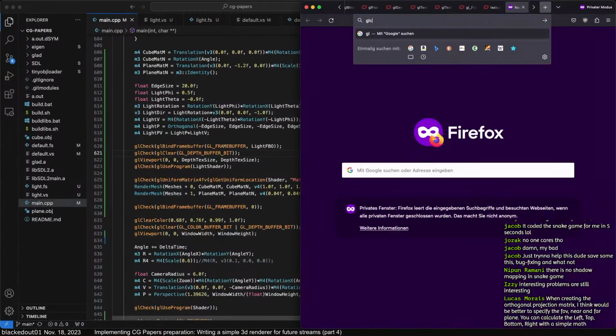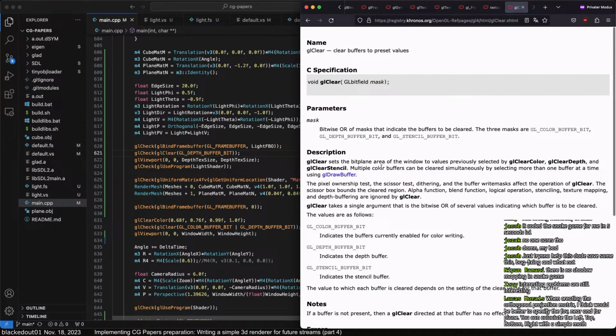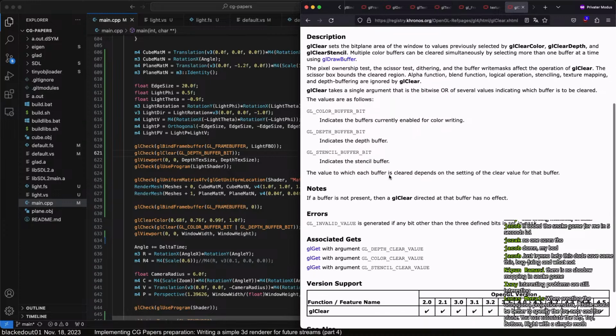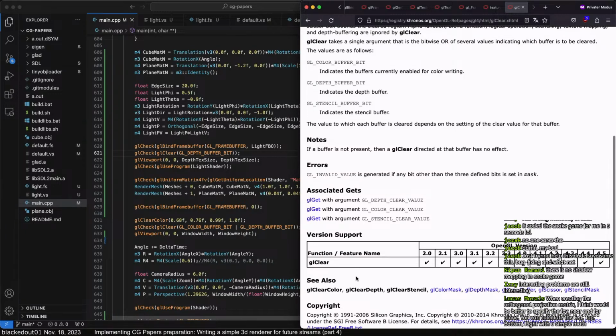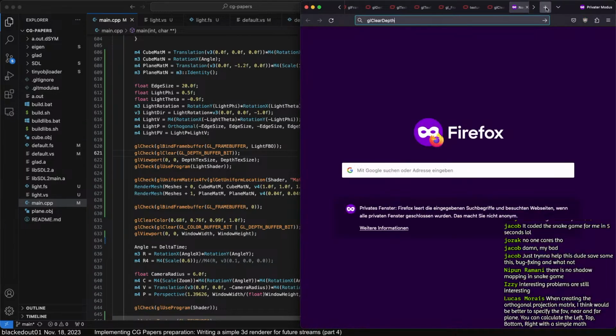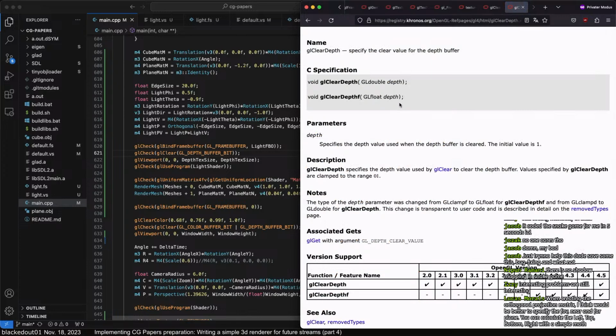So glClear. Maybe you can look at if the texture sampling worked. So right now I am clearing the texture with the default, the furthest depth that is possible, and the default value for this is 1.